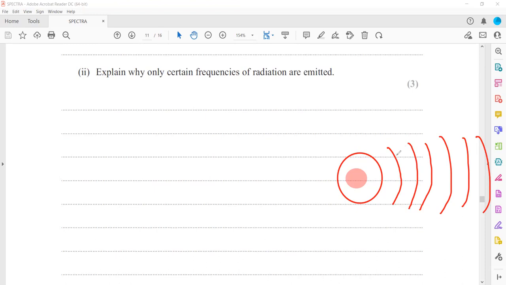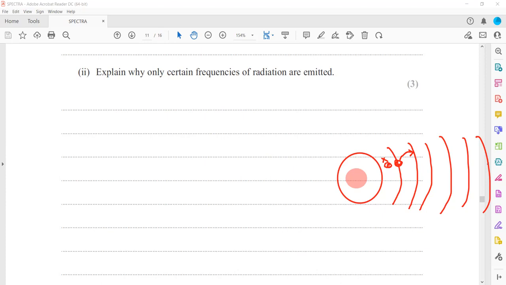It's not like the electron can be anywhere within an atom. The electron is at a specific place or region within an atom, and when it jumps from one shell to another, only a specific amount of energy can be released, not all energies.